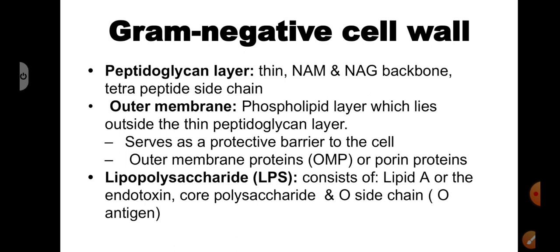It has many porin proteins, known as outer membrane proteins. Then there is a lipopolysaccharide layer externally, which consists of lipid A, or endotoxin, which is a virulence factor, a core polysaccharide and an O antigen or O side chain.